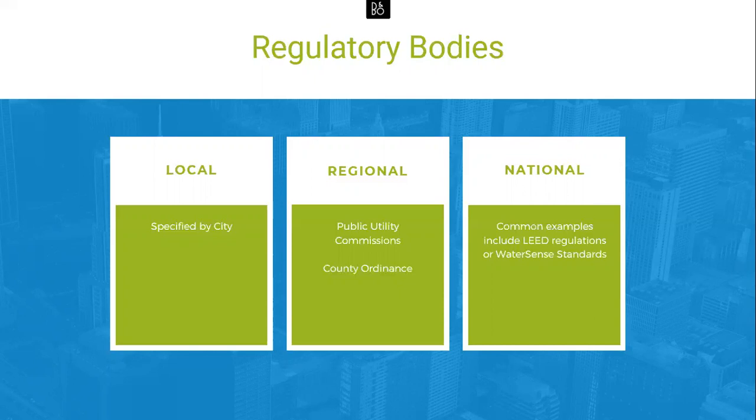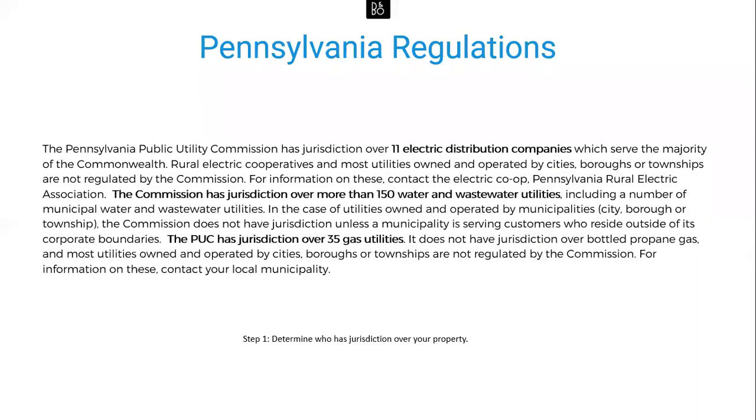And under Pennsylvania regulations, there is the PUC, which has jurisdiction over 11 electric distribution companies, which is just electric companies. And the PUC also has jurisdiction over 150 water companies and 35 gas companies.